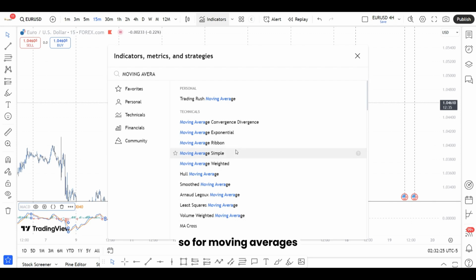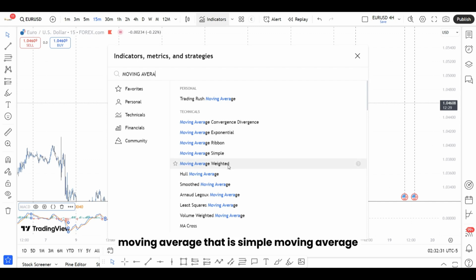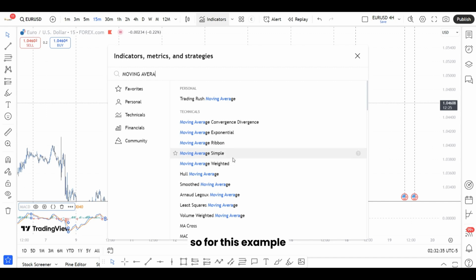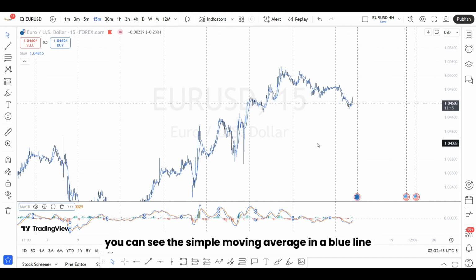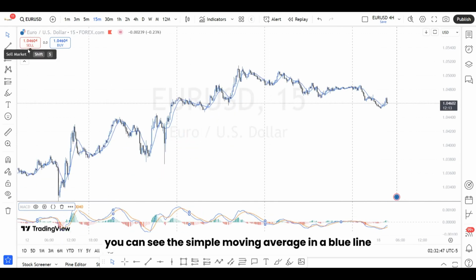For moving averages, we have both simple moving average and exponential moving average. For this example, we're going to be using the simple moving average. Once you click on it, it's going to appear on your chart, and you can see the simple moving average in blue.